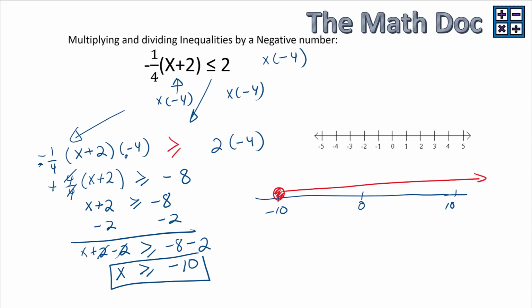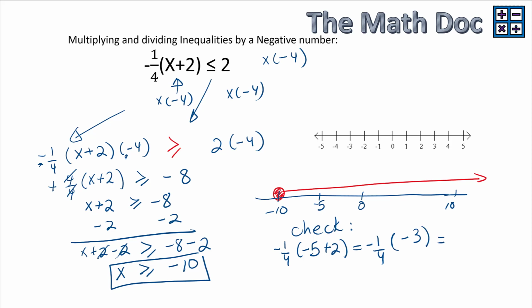Let's check our result just to be sure we did everything correctly. Let's look at an x that is larger than negative 10. Let's say look at negative 5 here. So minus quarter of negative 5 plus 2 equals the negative quarter of minus 5 plus 2 is just negative 3.